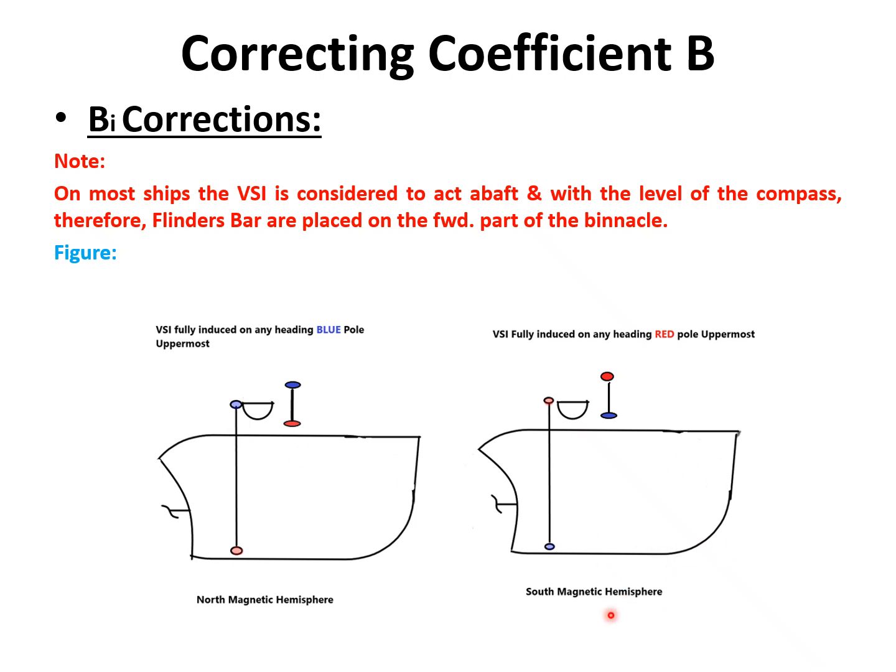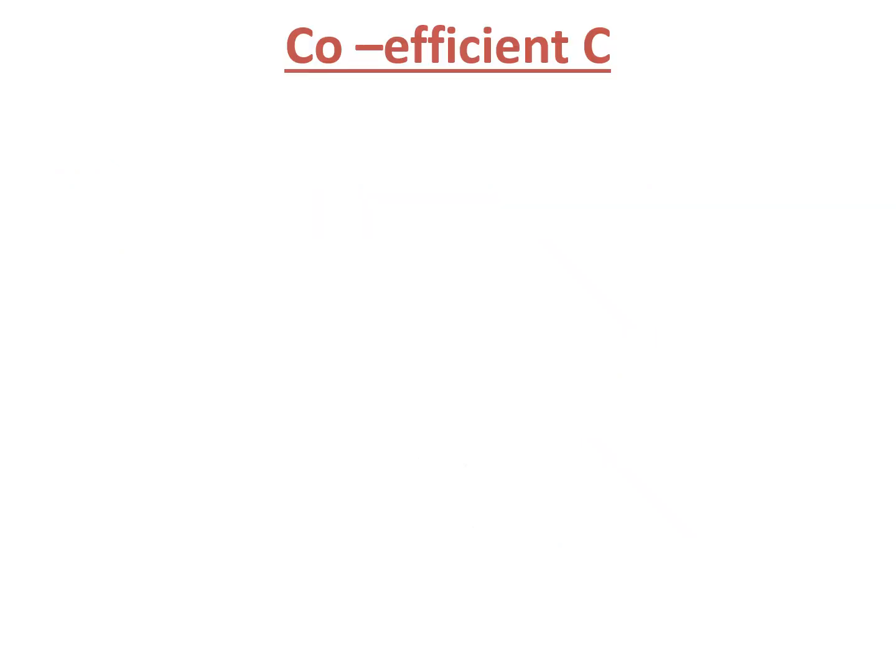Again, if the vessel is in the southern magnetic hemisphere, at that time we will have a red pole at the top, so we'll keep the Flinders bar at the forward, but the red pole of the Flinders bar will be at the top, right, which will cause an equal and opposite deviation, right?